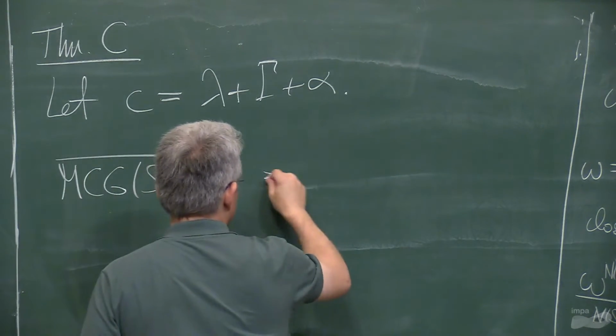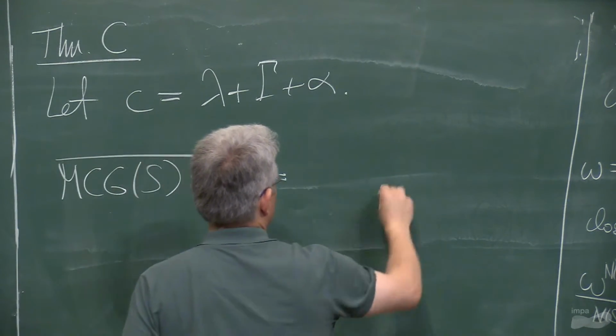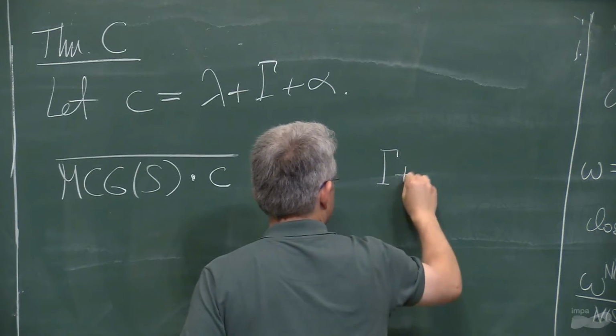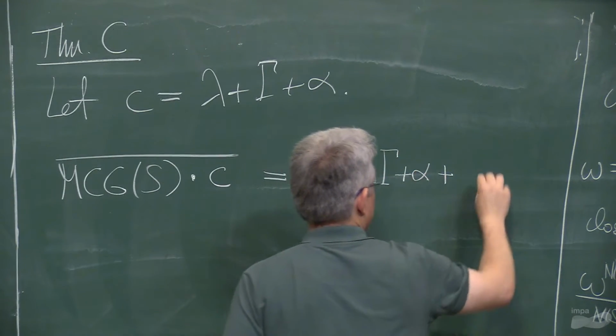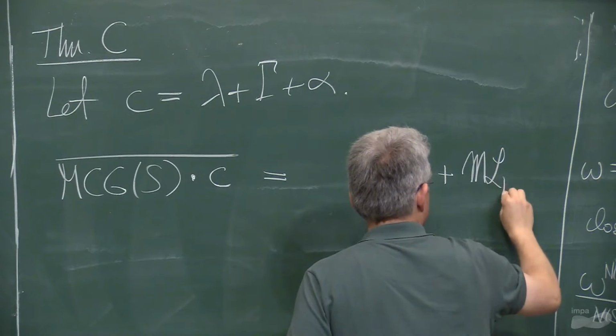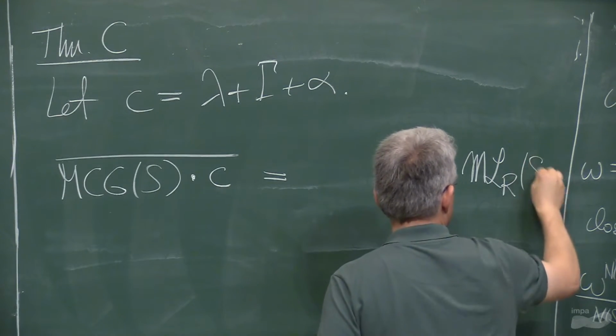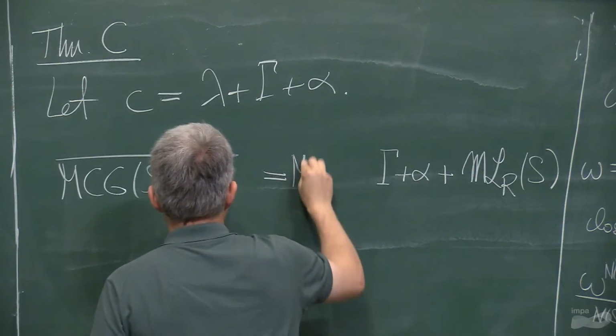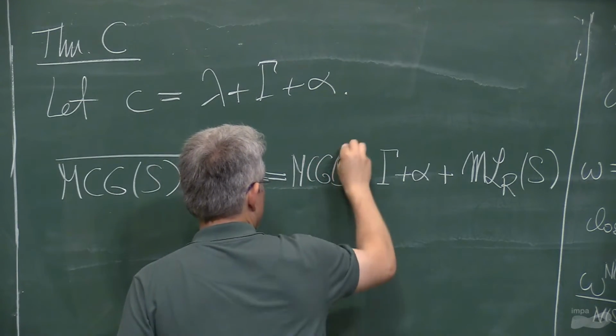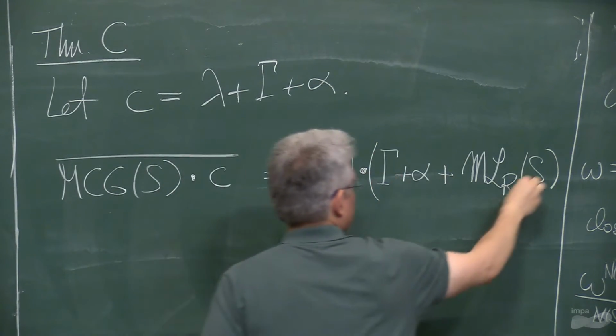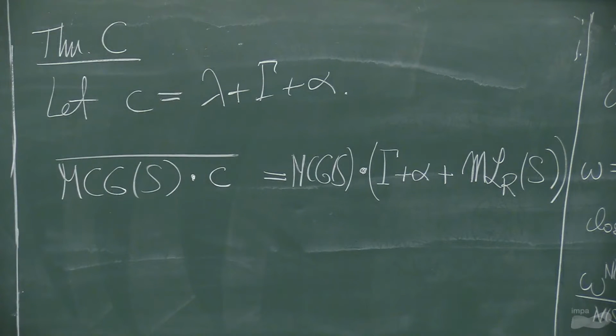We take gamma plus alpha plus a subspace of the space of measured laminations, and then we take the orbit, not the orbit closure. So what is this ML_R?